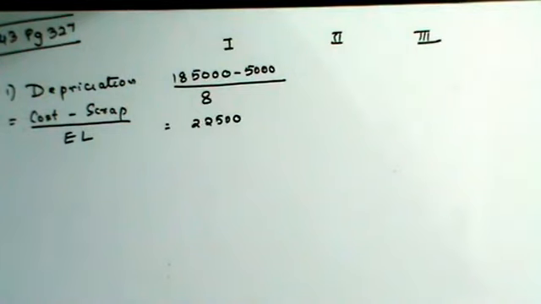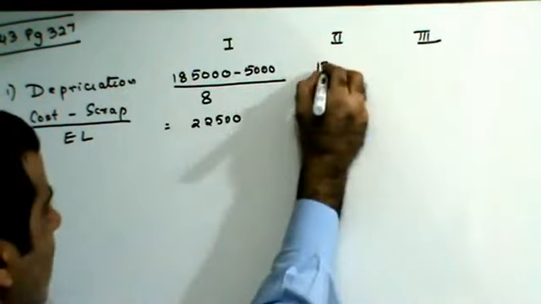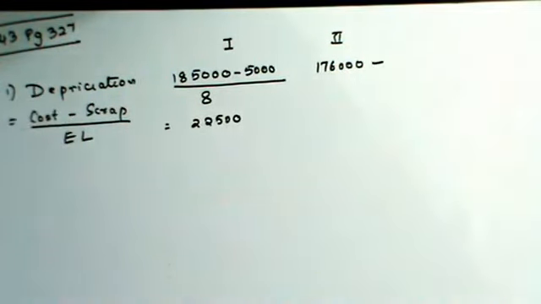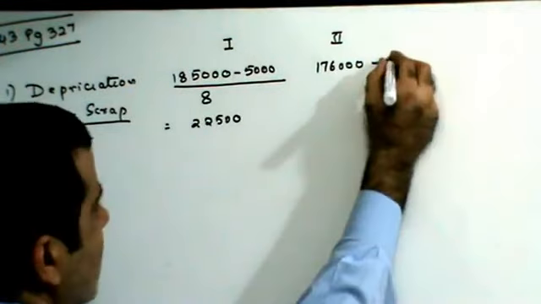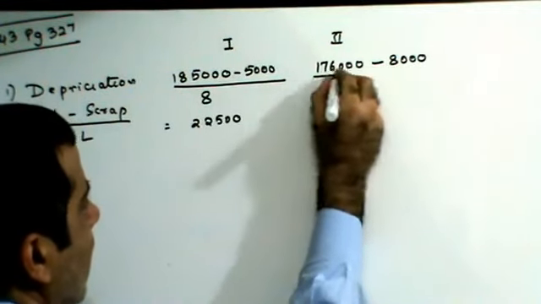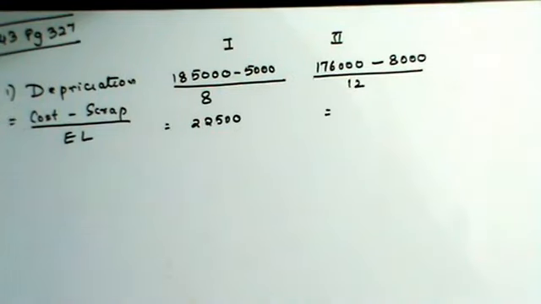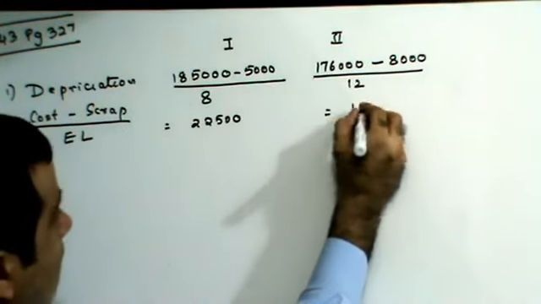In the case of machine 2, the cost of the asset is 1,76,000 minus scrap value of 8,000, divided by life of the asset, 12 years. So this is 168 divided by 12, which should give you 14,000.